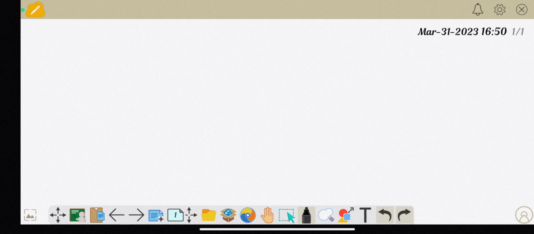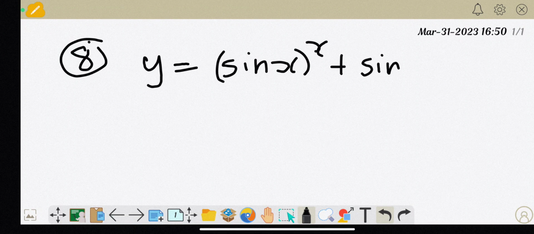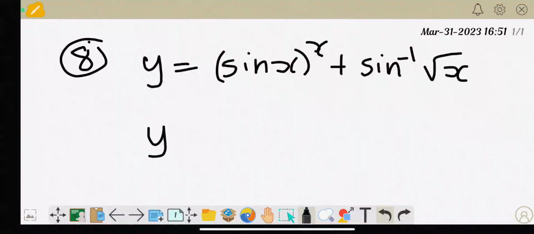In question number 8, see, it is also the same thing, but okay, let's solve. There is one difference here.